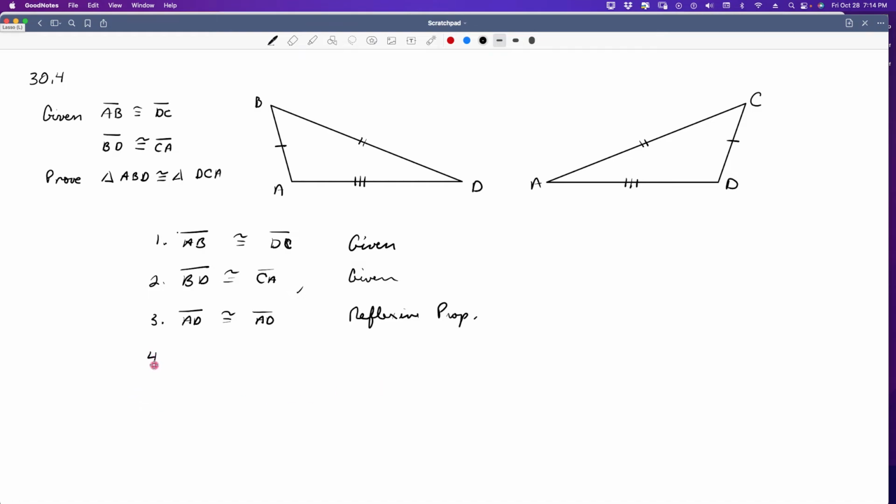And therefore, we have one side, another side, and a third side. So when we have those three things, we know that those triangles are congruent. So triangle ABD is congruent to triangle DCA because of the side-side-side congruency postulate.